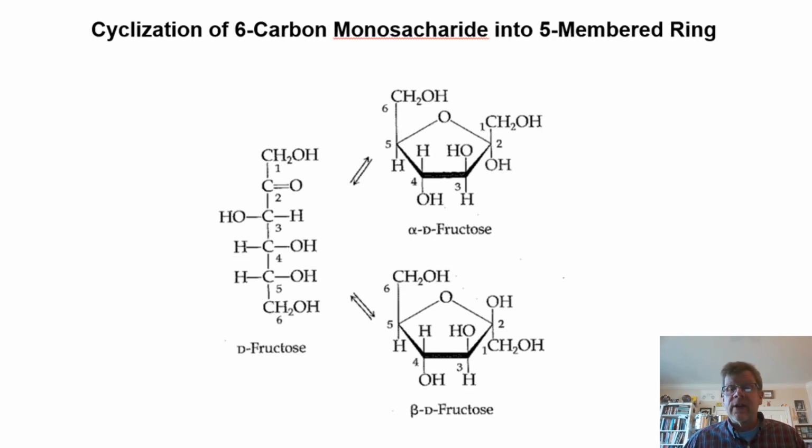Let's look at the cyclization of another 6-carbon monosaccharide, but this time it cyclizes into not a 6-membered ring in a Haworth projection, but a 5-membered ring. This is a different type of Haworth projection, 6 or 5 being the only ones that we'll be showing you. And this would be with respect to the 6-carbon monosaccharide fructose. Fructose is one of our representative monosaccharides whose cyclic form I'm going to have you be able to tell the difference between.